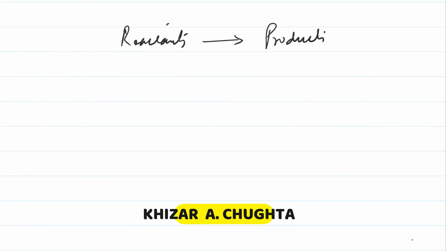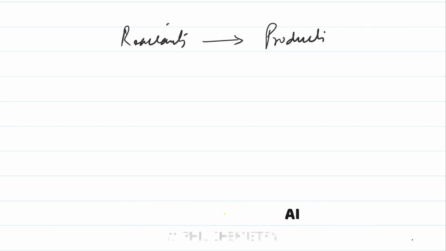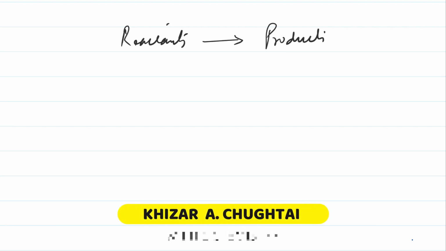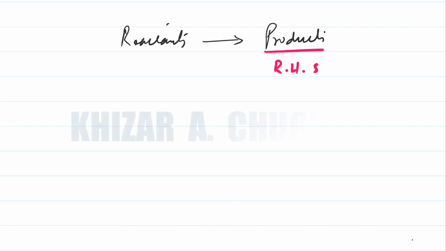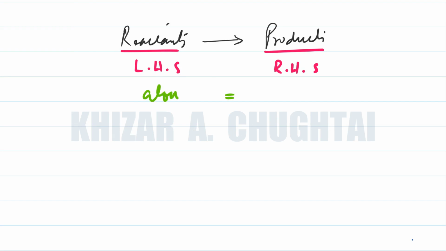Balancing the chemical equation. A chemical equation basically represents reactants and products. This is the right hand side of the equation and this is known as the left hand side of the equation. What do you mean by balancing the equation? Simply it means there must be an equal number of atoms on both sides.